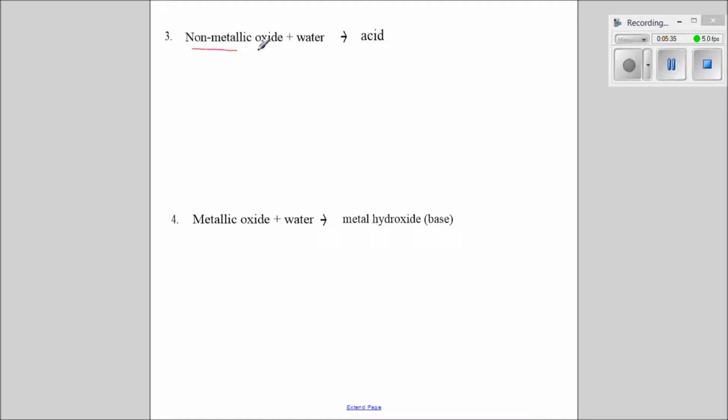The next scenario we have is a non-metallic oxide plus water. An example of a non-metallic oxide, let's just pick one, we'll go sulfur. That's a non-metal. And an oxide of that is SO2, or SO3, I'm going to pick. I'll explain why in a second. And we combine this with water.